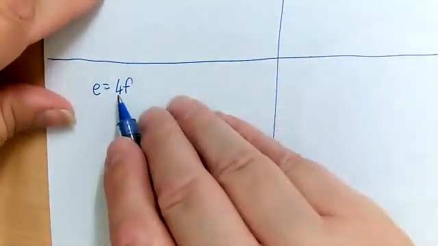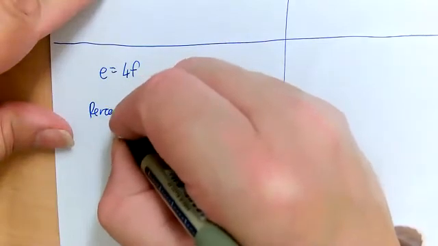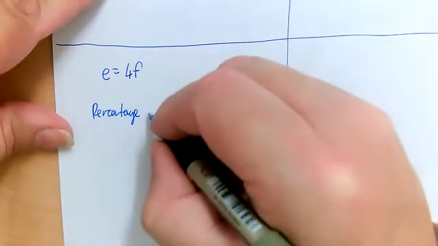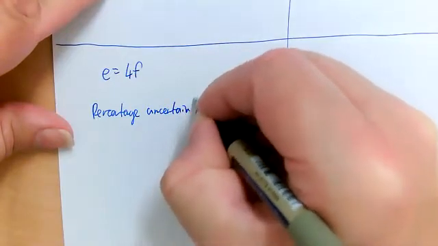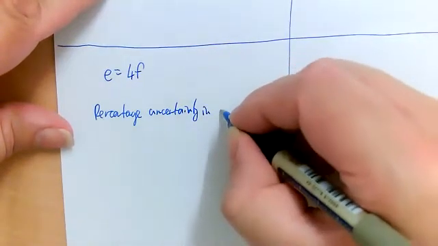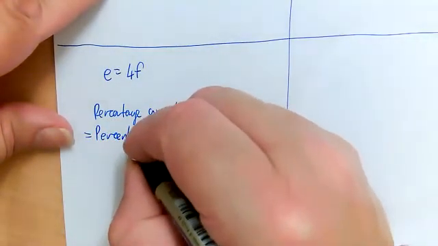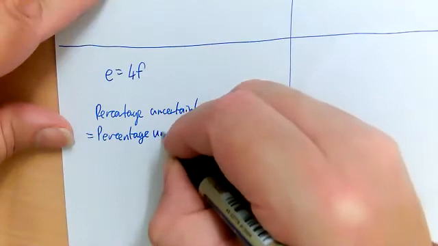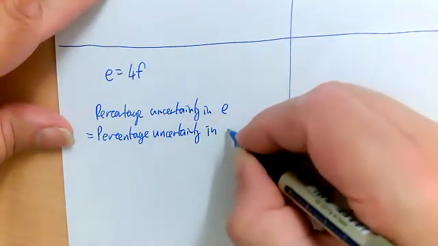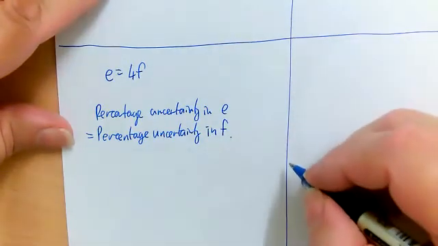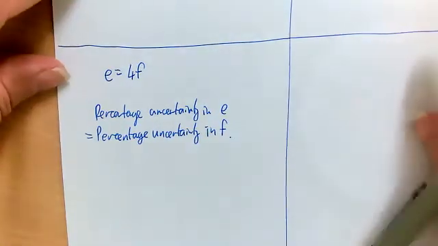Here, that value of 4 has no uncertainty, so the percentage uncertainty in E is equal to the percentage uncertainty in F. So you've got the same percentage uncertainties, but not the same absolute uncertainties.